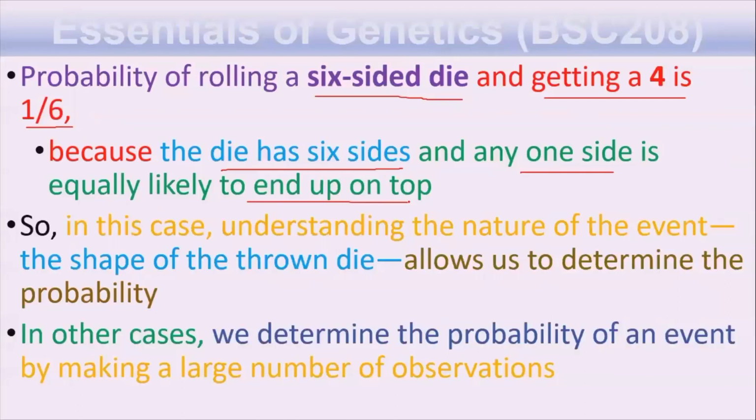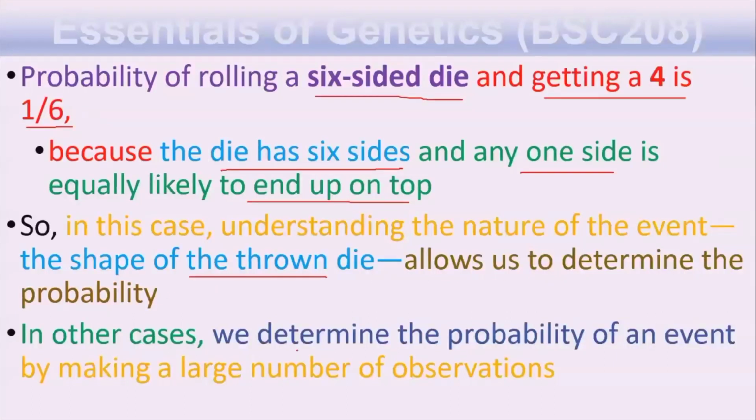So the probability of a 4 is 1 by 6, because there are a total of 6 events that can happen, and from those 6 events, there is only one chance that 4 will be on top. In this case, understanding the nature of the event, the shape of the thrown die, was important, and this allowed us to determine the probability.